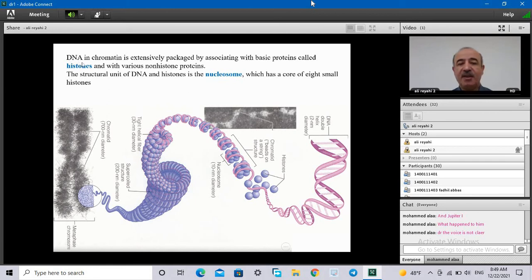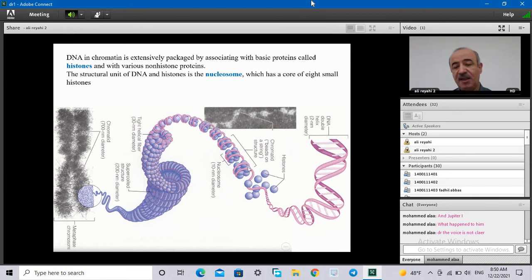DNA in chromatin is extensively packaged by association with basic proteins called histones, and with various non-histone proteins. The structural unit of DNA and histone is the nucleosome.